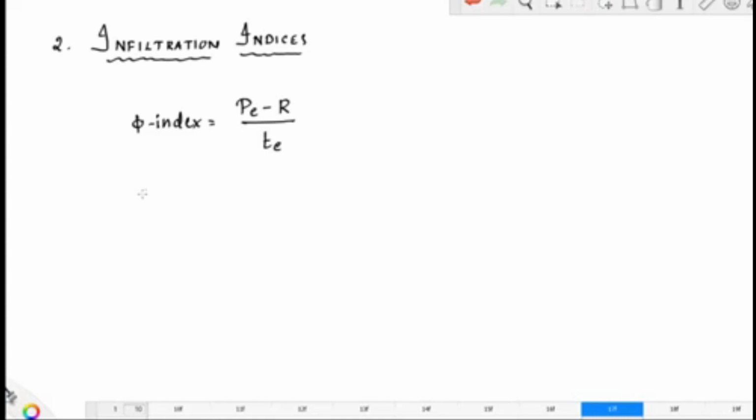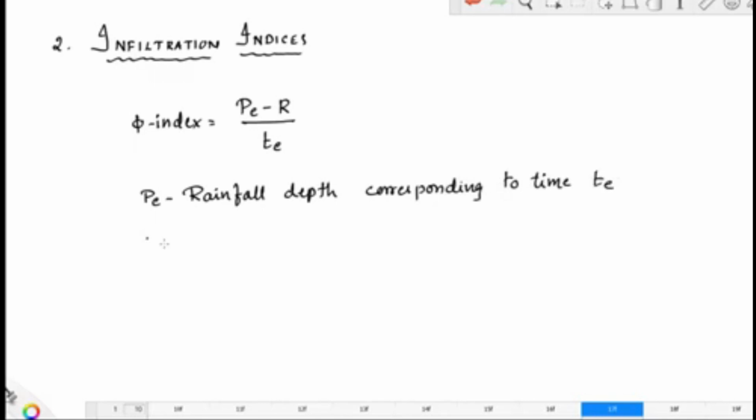Here PE is representing rainfall depth corresponding to time TE. Capital R is representing runoff depth. TE is the time of excess.